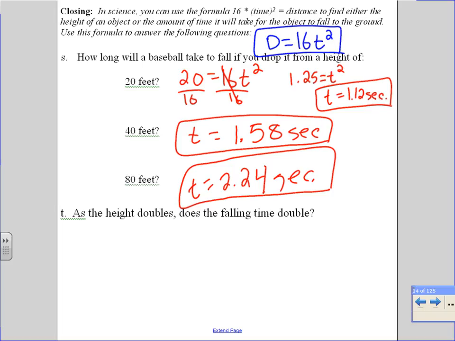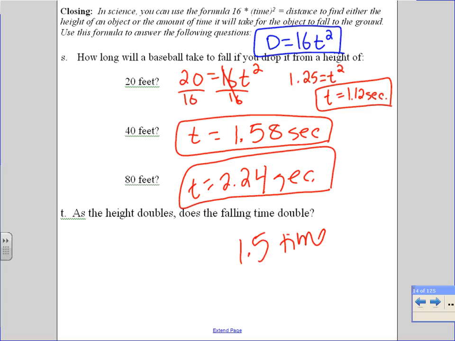But what does it do from 20 to 40 and then 40 to 80? Not double, but, Mike? Nope. Peyton? Think about what it multiplies. It doesn't double, but it multiplies. Peyton? 1.5 or 1/2? Oh, should be by 1.5.